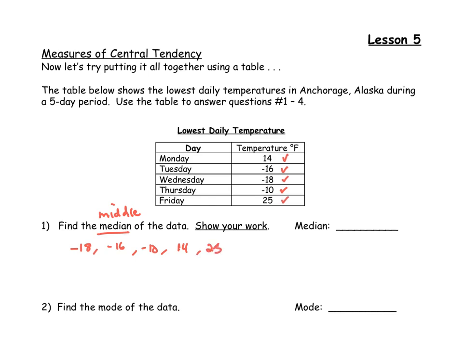So we've accounted for all 5 numbers. So now we need to find the middle number. And if you recall closing the curtain, we're going to cross off the first number from the beginning and the first number from the end, second number from the beginning, second number from the end. And so the middle number is negative 10, therefore the median is negative 10.